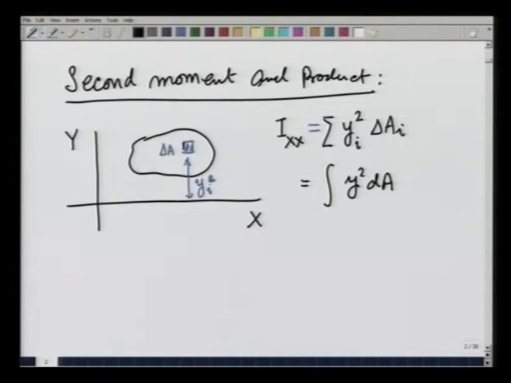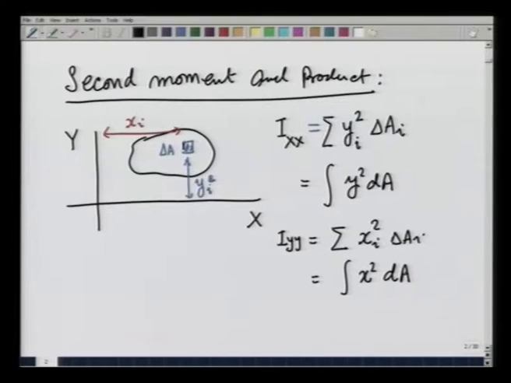Similarly, I y y, that is the second moment about the y axis, is defined as the distance of the area from the y axis is chosen, and then we write this as summation x i square delta A i, or in the limit of integration this becomes x square dA.